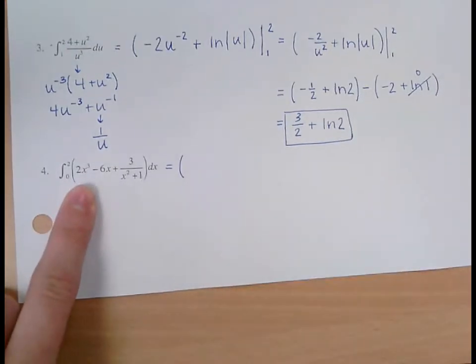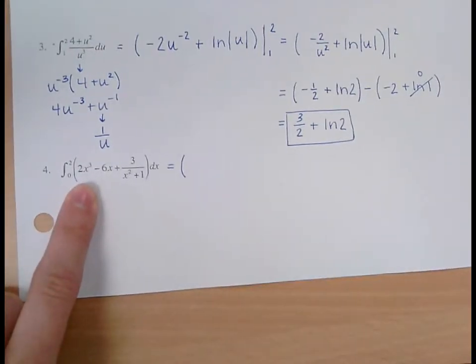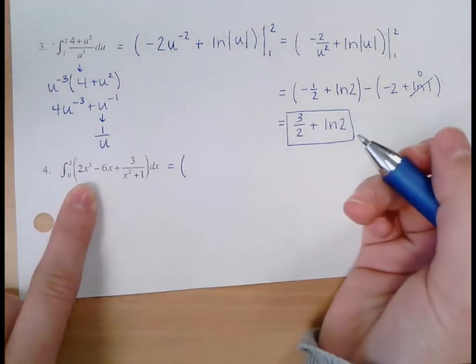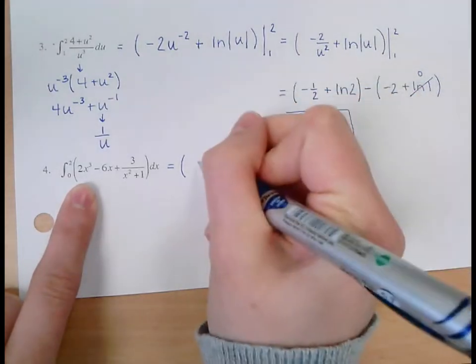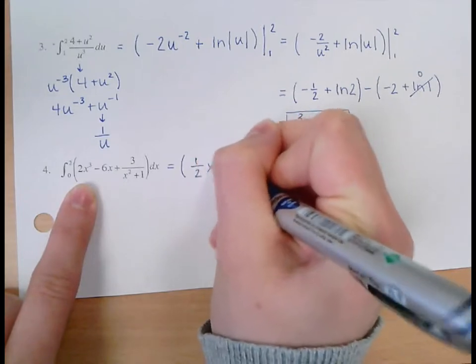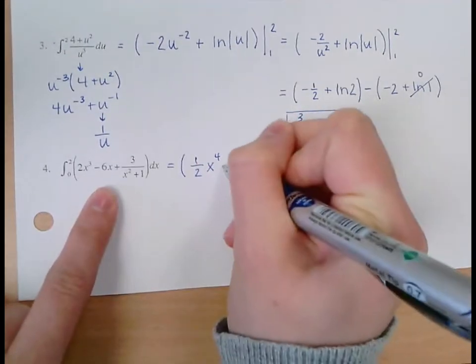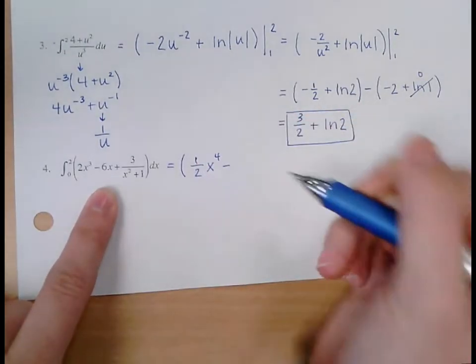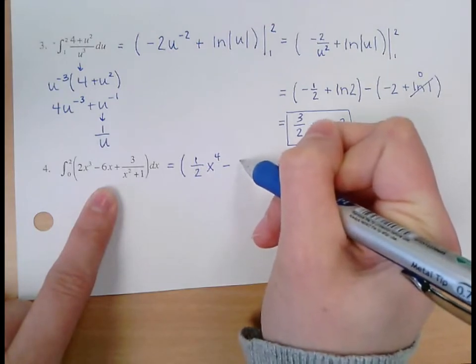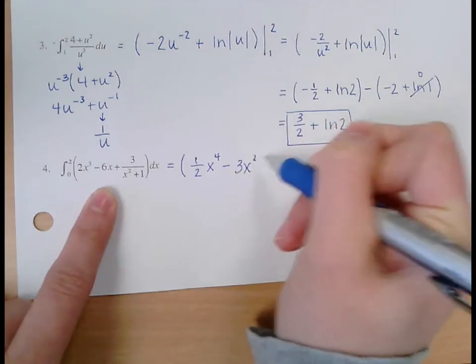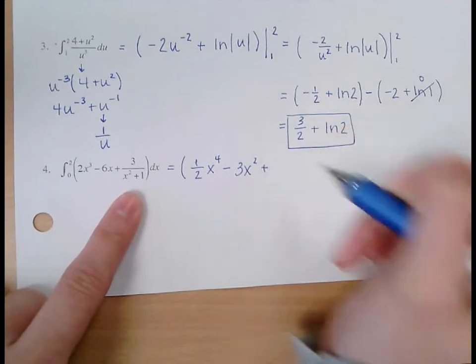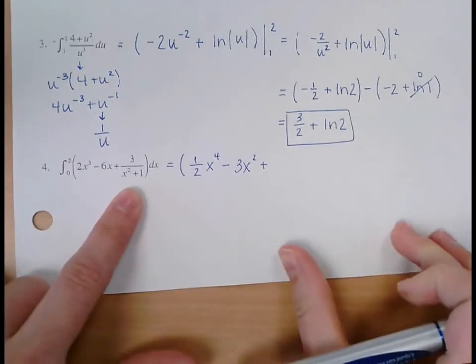What is the antiderivative of 2x cubed? Yes. And then minus the antiderivative of 6x, 3x squared. And then what about the 3 over x squared plus 1?